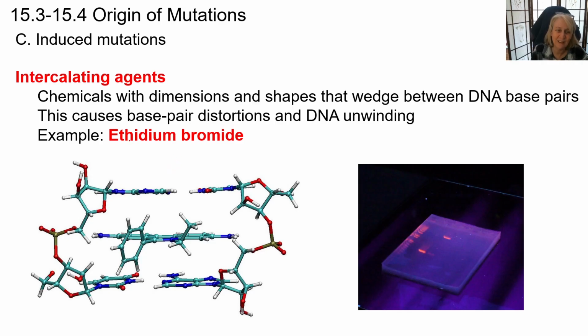Intercalating agents are things like ethidium bromide. This is what, in my lab, we used for looking at the bands in gel electrophoresis. This chemical that causes it to glow under a black light is called ethidium bromide.